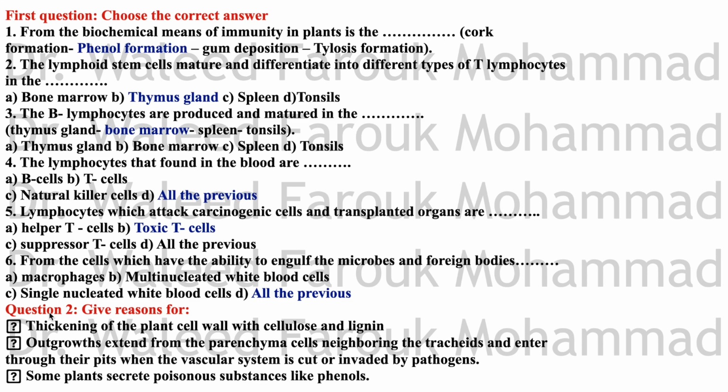Outgrowths extend from parenchyma cells neighboring the tracheids and enter through their pits when the vascular system is cut or invaded by pathogens.